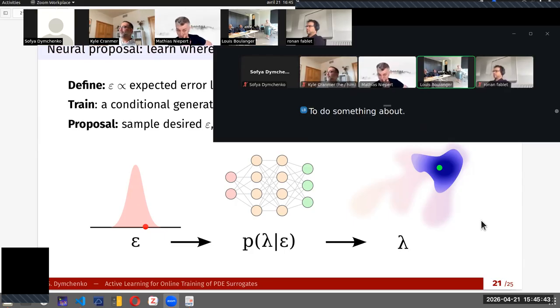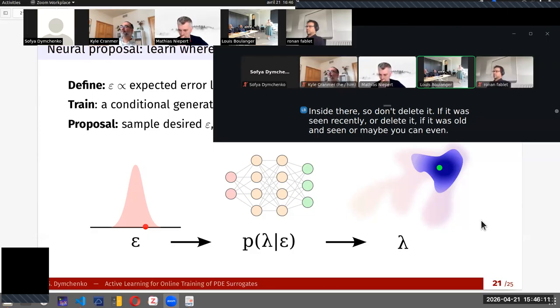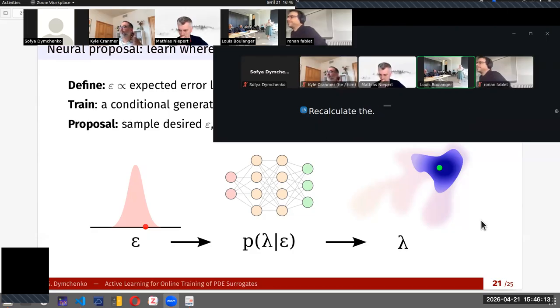And then the buffer itself: the eviction of a sample is done just if seen, remove; if not seen, don't remove. So there could also be active sampling or active learning inside there. Don't delete it if it was seen recently, or delete it if it was old and seen, or maybe you can even recalculate the probability of deletion based on the model.